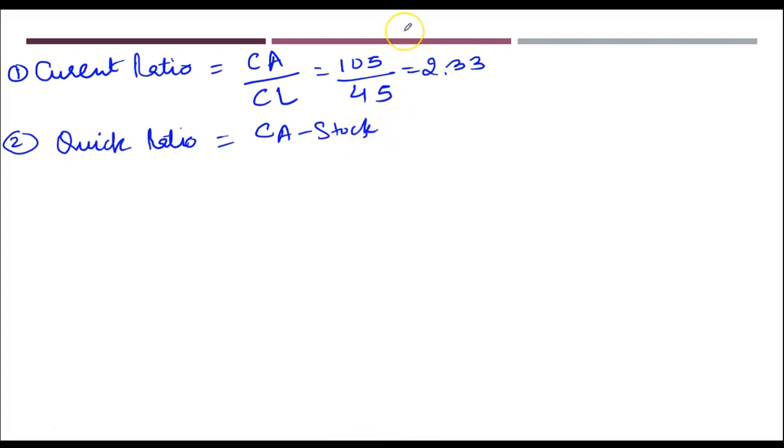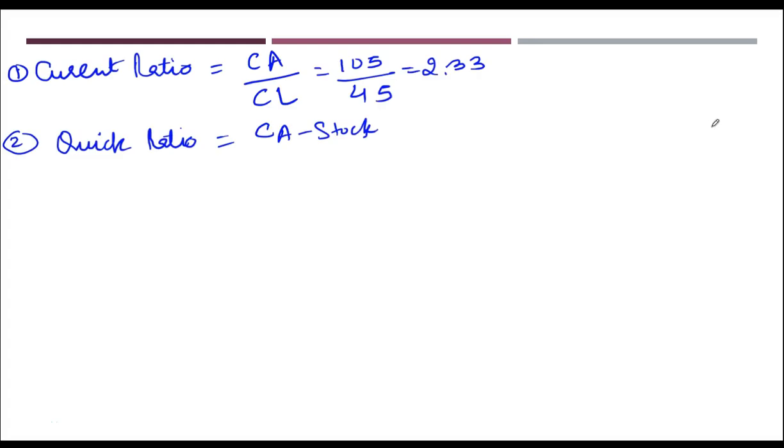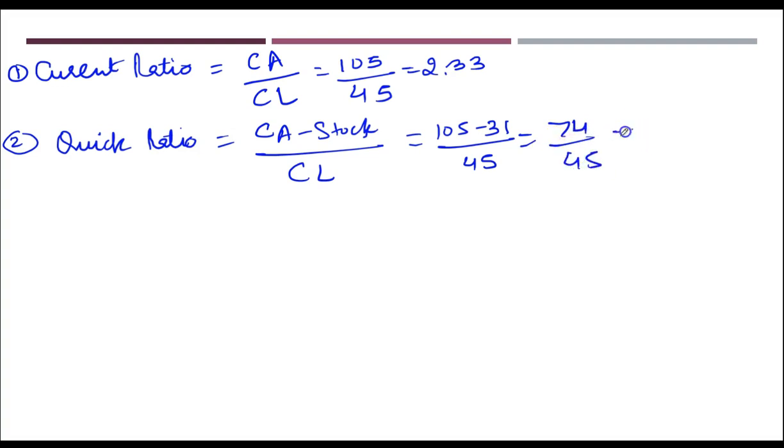Because in this question there are no prepaid expenses, current assets minus stock would be how much? 74. So 105 minus 31 divided by 45, which is 74 upon 45.